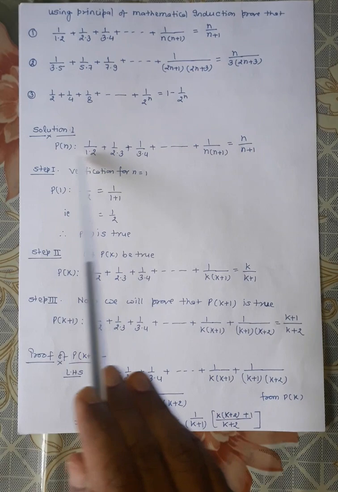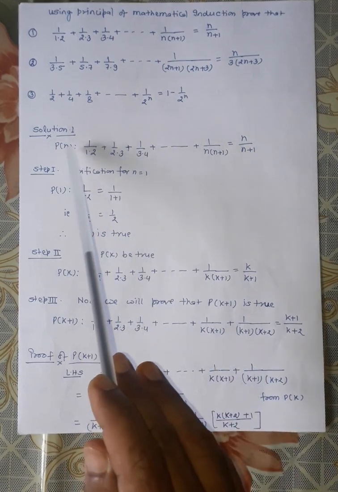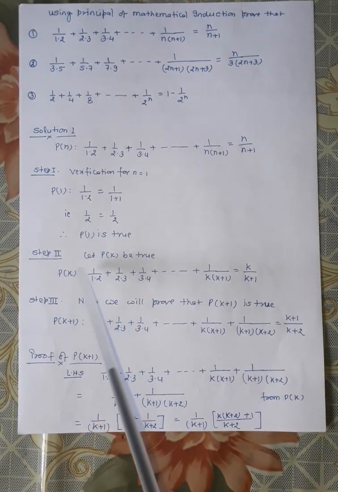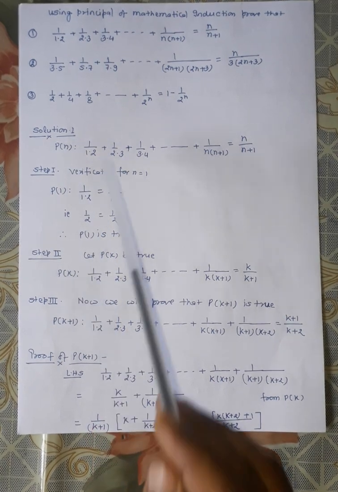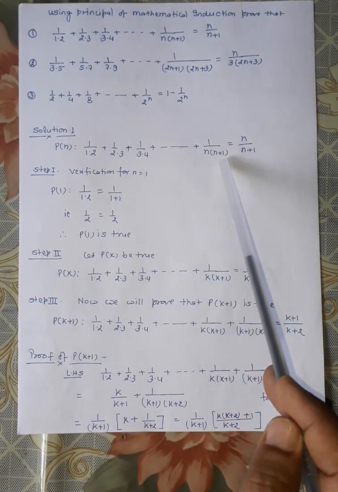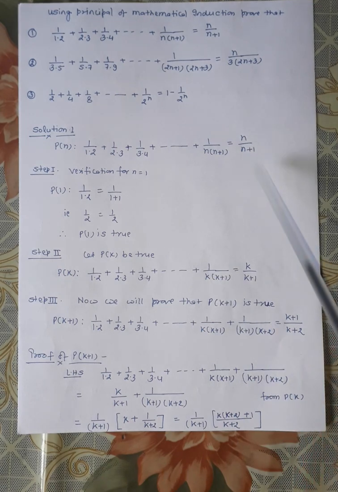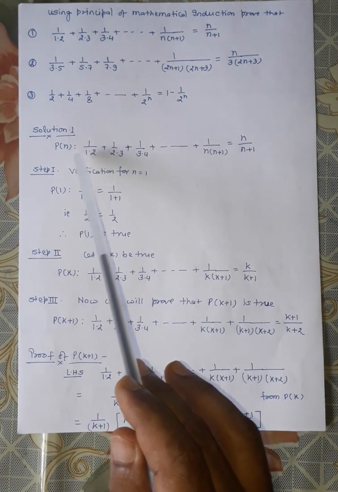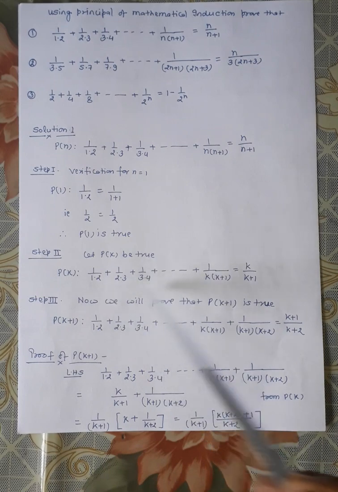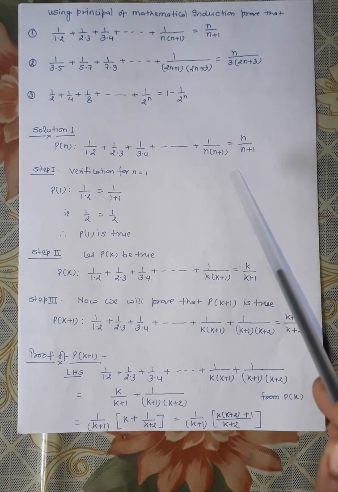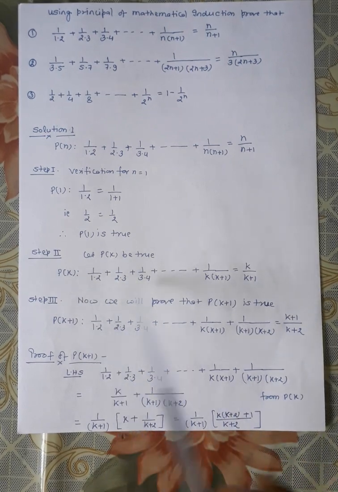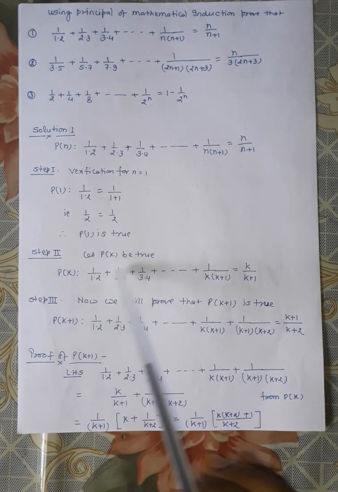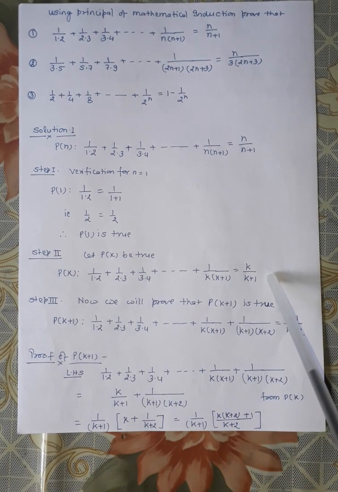This is our Pn, so wherever n is there, you put k in that place. So Pk is 1 upon k into k plus 1, and on the right hand side k upon k plus 1. The complete Pn is copied here; only one thing we did, that in place of n we put k. So this is our Pk, and we assume that Pk is true.